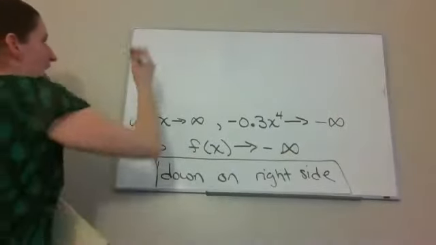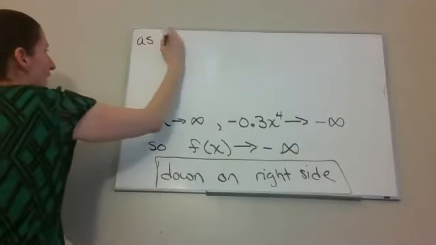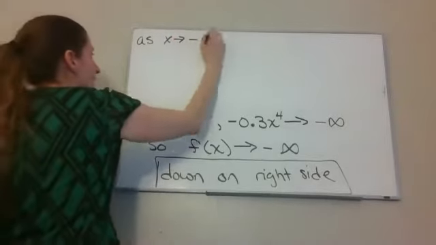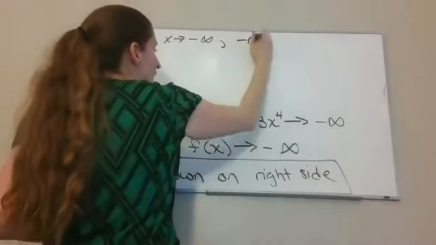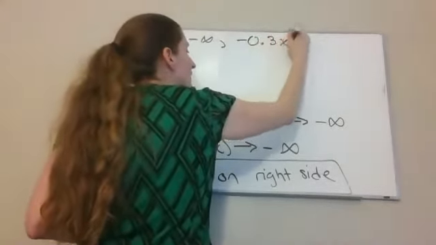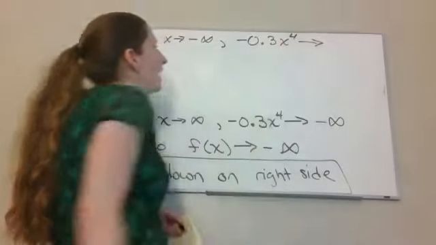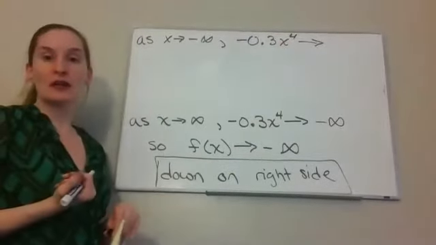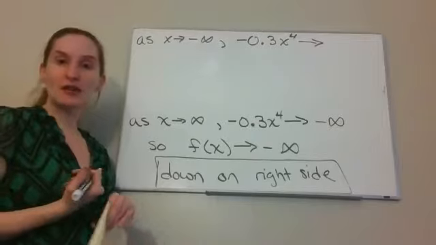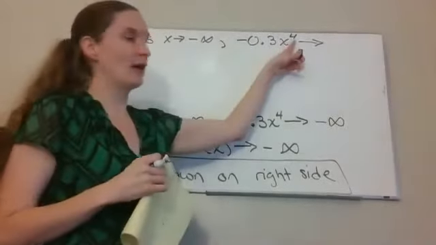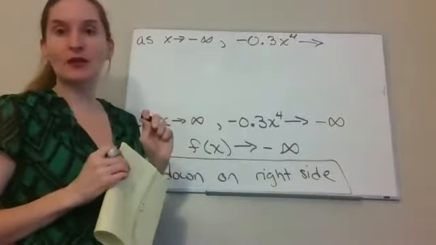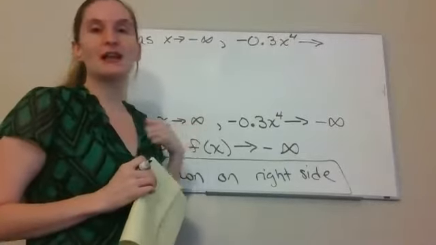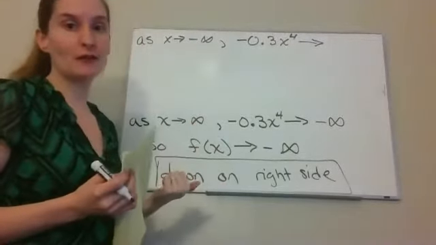So for the left side, we have to look at what happens as x goes to negative infinity. You still look at that first term. And what happens to this? When I plug in really, really huge negative numbers and raise it to a fourth power, they're still going to be really, really huge, but a negative to the fourth power is positive.